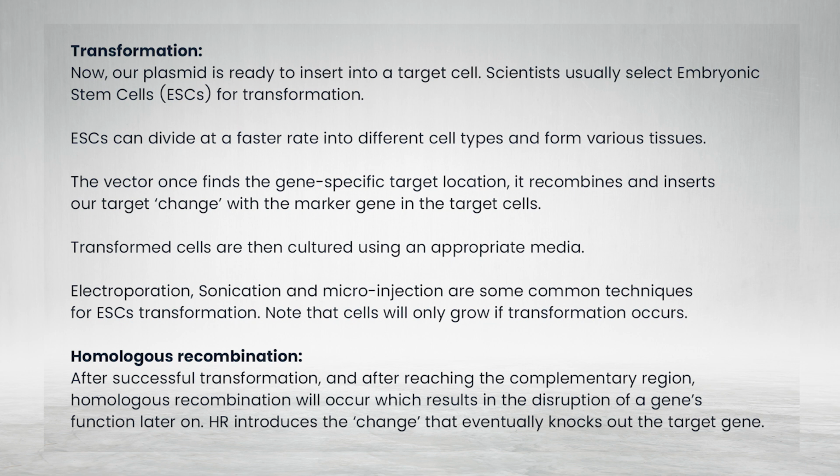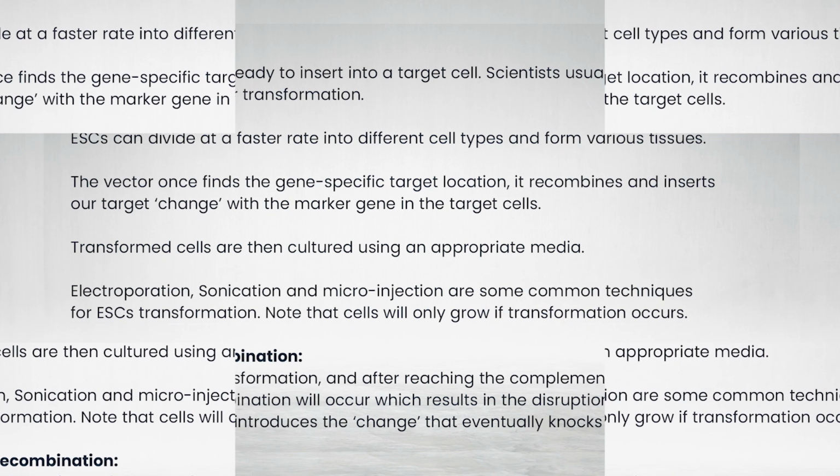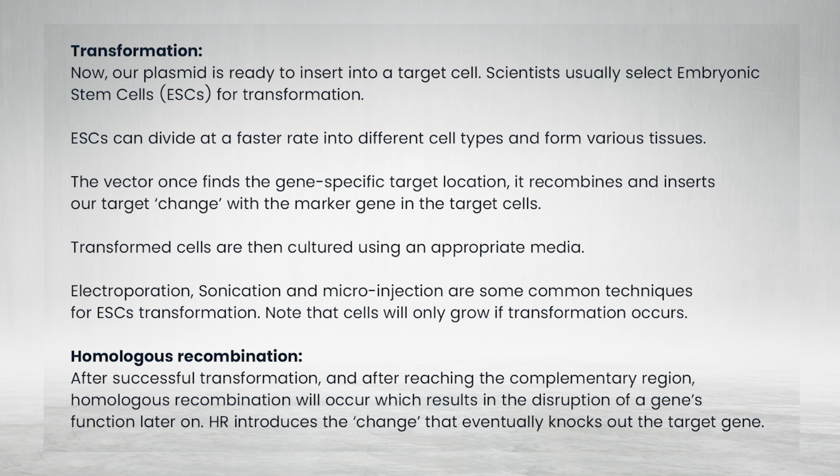Once the vector finds the gene specific target location, it immediately recombines and inserts our target change with the marker gene in the target cells. Transformed cells are then cultured using an appropriate media. Electroporation, sonication and microinjection are some of the commonly used techniques for ESC transformation. Note that cells will only grow if transformation occurs properly.